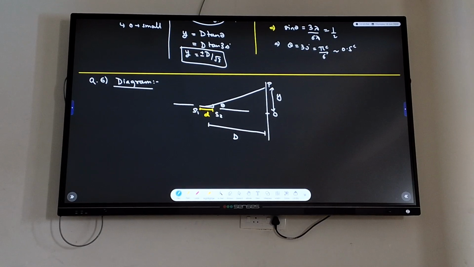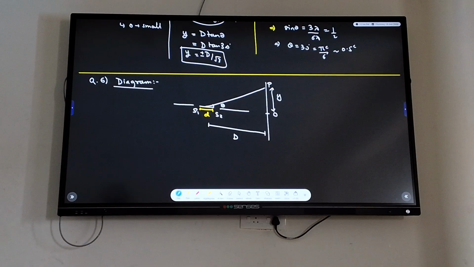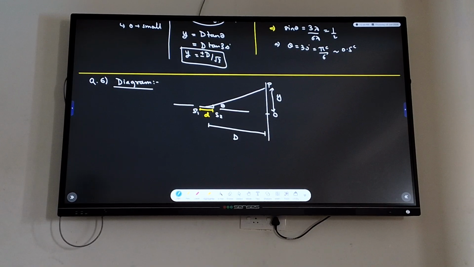Incorrect. Plus minus root 63. Incorrect. Please remember, in the question they have mentioned nearest to O. Nearest to O. That's a big hint.